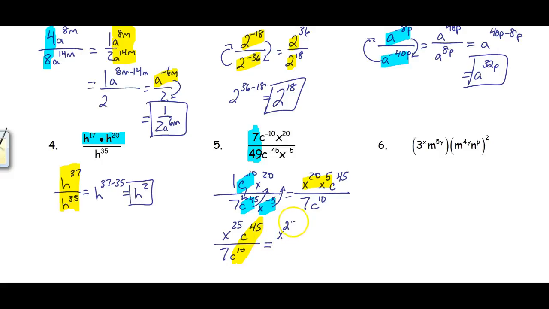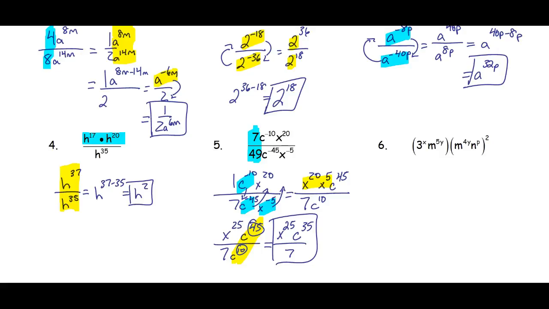So x to the 25th, 45 minus 10 is 35, all over 7. Remember, when you subtract 45 minus 10 and it's a positive number, you're going to leave it in the numerator. If that would have come out to a negative number, you would have put it in the denominator.